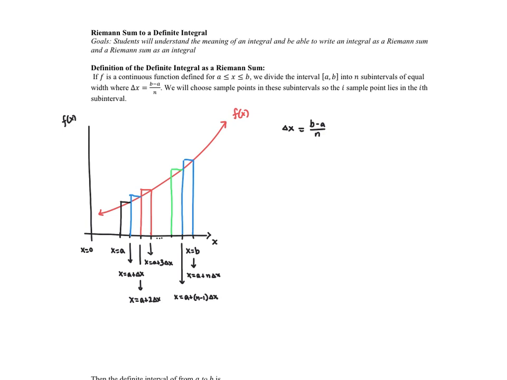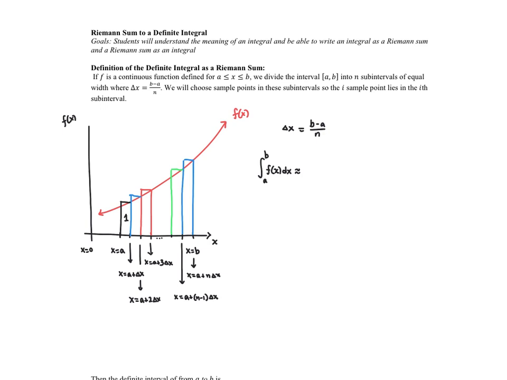Okay, so now what we're going to do is generalize. Right? We're going to generalize the integral from a to b of f of x. So right now, we could say that that's approximately equal to. Okay, let's take our first rectangle here.